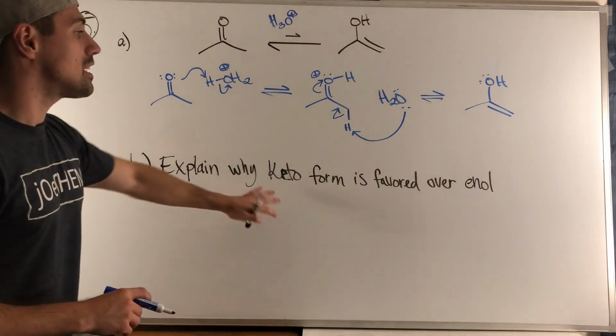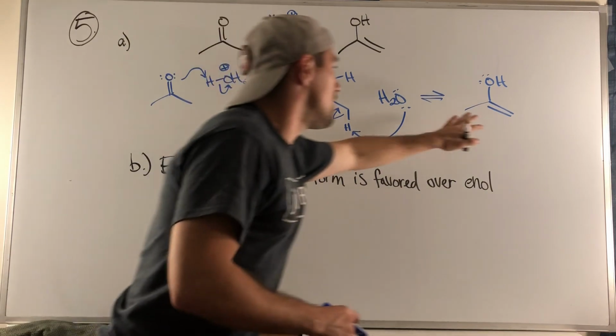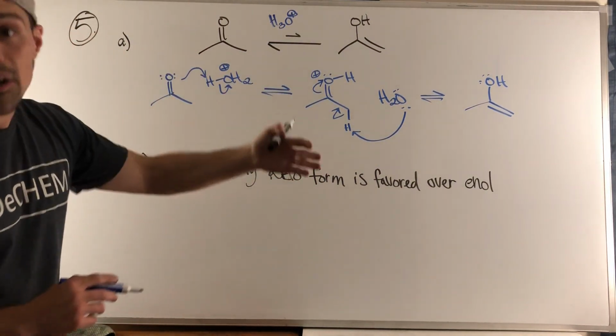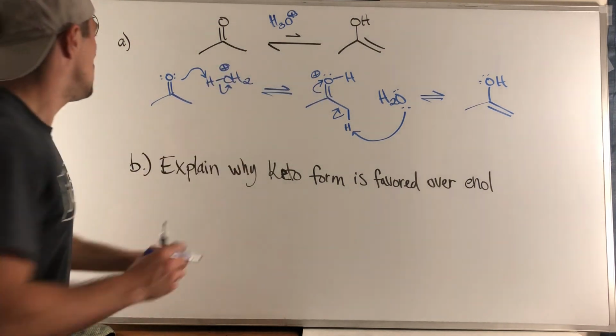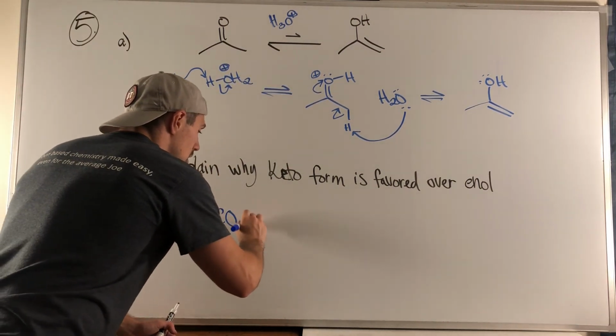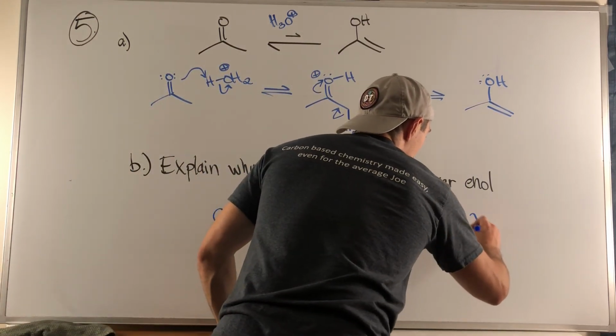Okay, so explain why the keto form is more favored than the enol. You can see we have different bonds in these two structures. Namely, the most important trade-off we make going from here to here is that in this structure we have a carbon-oxygen pi bond. Over here we have a carbon-carbon pi bond.